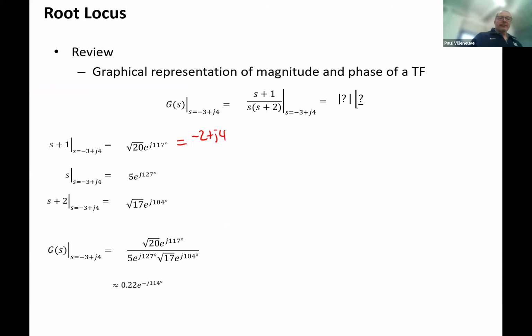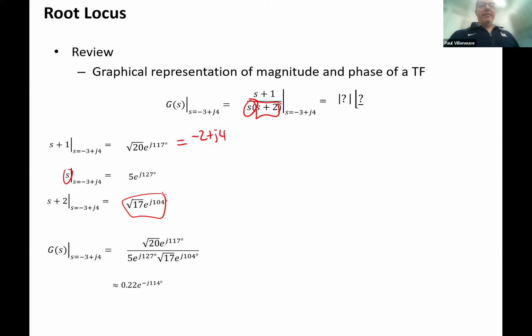Now, I'm going to do this one. So this is just an S value. When I plug that in, I end up with 5 at an angle of 127. I do the same thing for S plus 2, this one down here, and I end up with square root of 17 at an angle of 104.